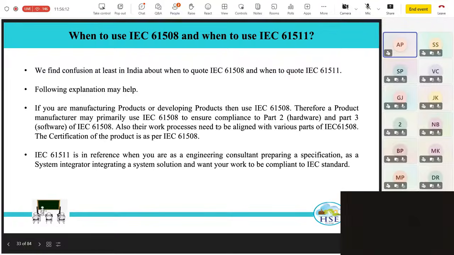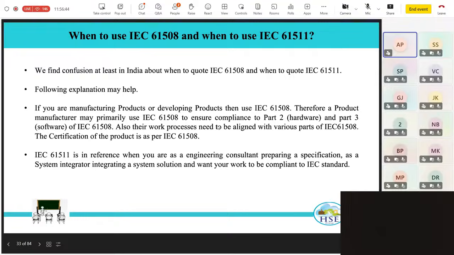Therefore, a product manufacturer may use IEC 61508 to ensure compliance to Part 2 if he is developing only hardware, and Part 3 if he is developing only software. And if he is doing a combination of hardware and software, then he has to follow both Part 2 and Part 3. Also, their work processes need to align with various parts of IEC 61508. The certification of the product is as per IEC 61508.